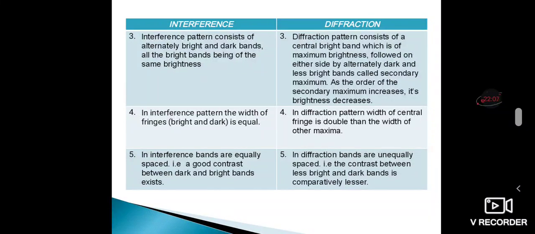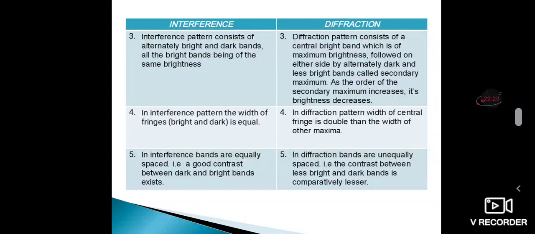Next is the last point. In interference, bands are equally spaced, with good contrast between the dark and bright bands, so you can easily differentiate which one is the bright and which is the dark band. That is clearly shown in the interference bands.